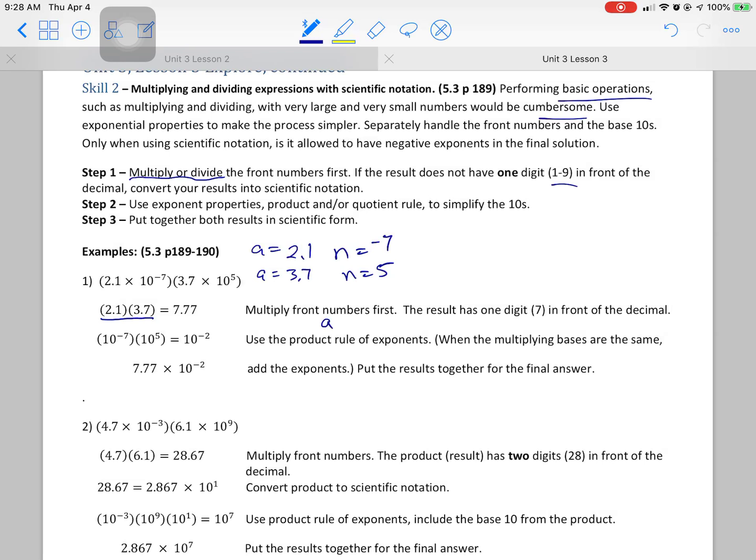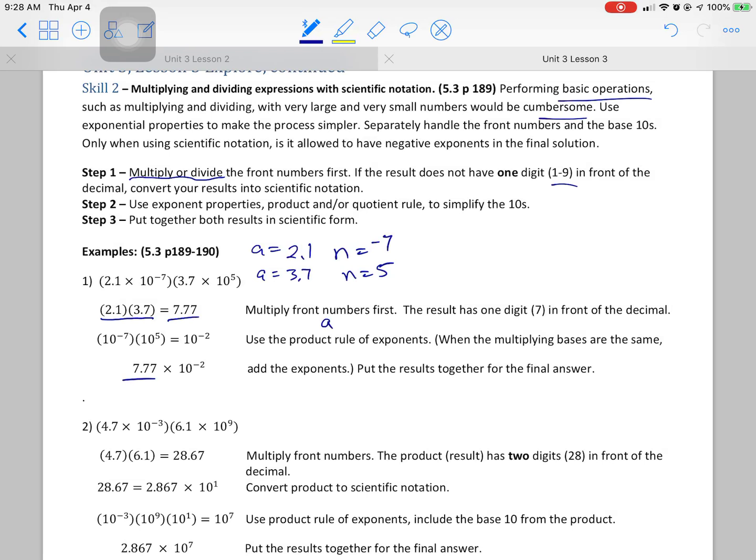So we're good. We're trying to turn this back into scientific notation. We're multiplying two terms that are in scientific notation form, then multiplying them and turning them back into scientific notation. So we're okay having the one digit before the decimal. That's what we want at the end.